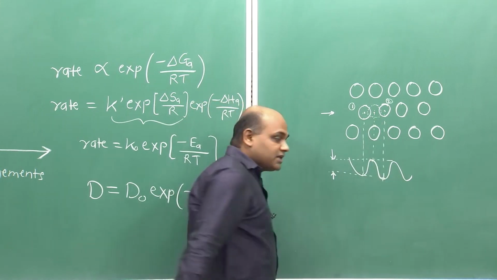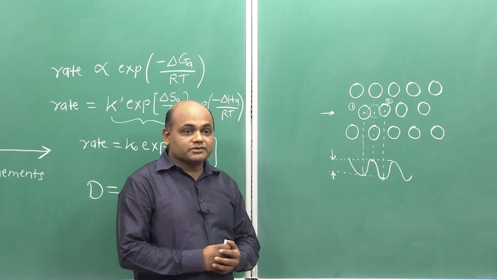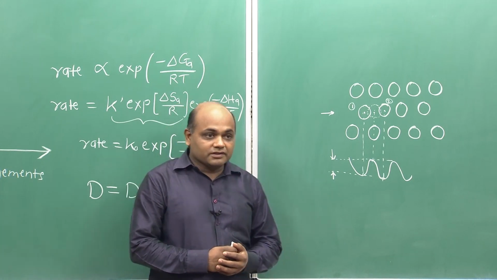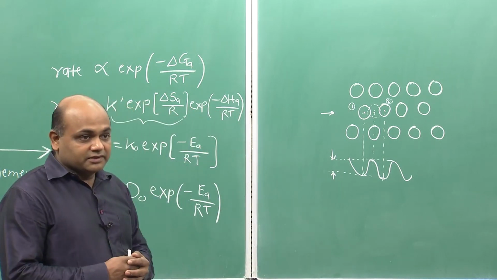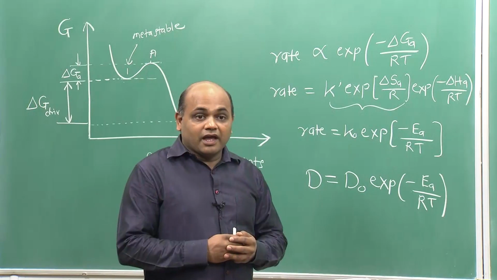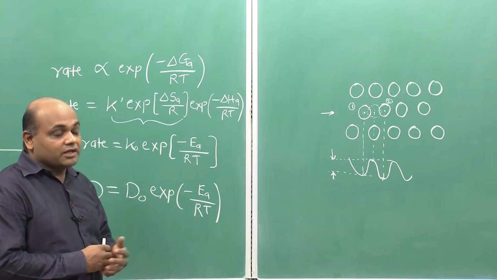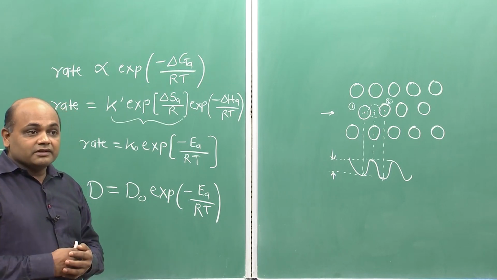So, now these atoms are continuously vibrating at any temperature above 0 Kelvin, and each vibration does not have the same energy, that is the energy distribution is continuously changing among the particles, and if you consider any one particle or any one atom, every vibration is with different energy.